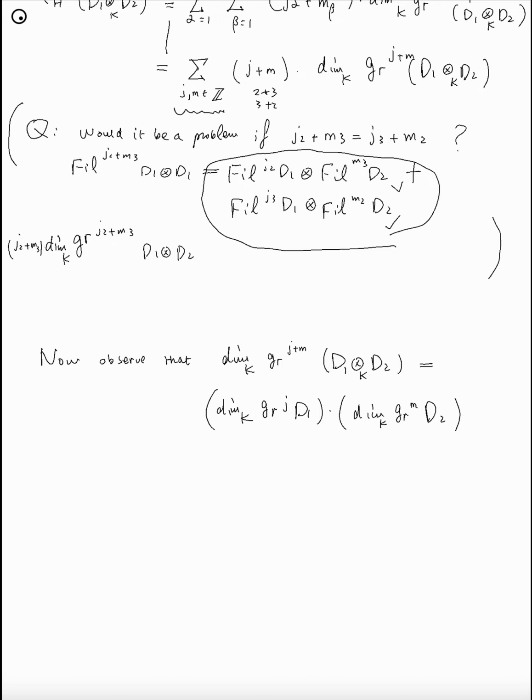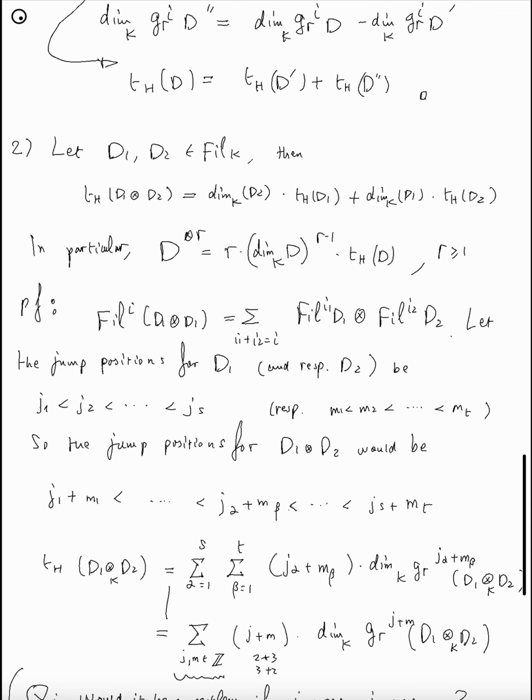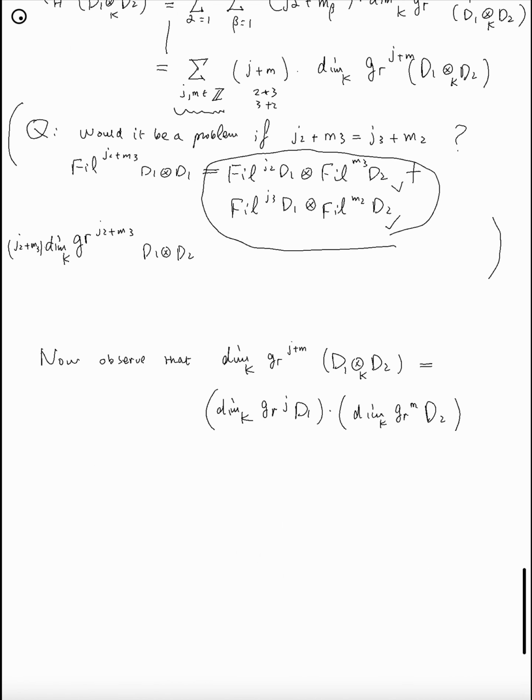Which means it doesn't matter whether it coincides or not. You just write it down. These two never coincide, but the others possibly. It doesn't matter. We count it twice, which means even if J plus M is the same, we count it twice if it's a different J and M. Good.